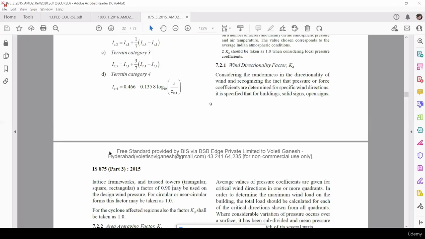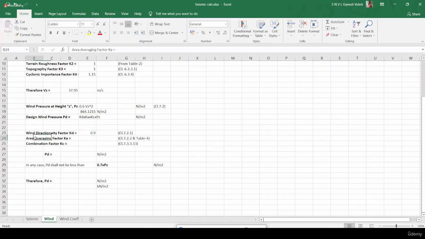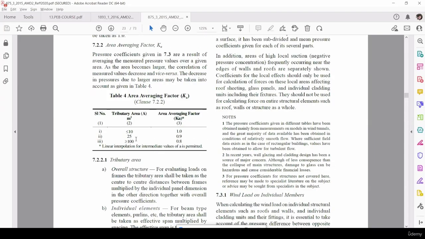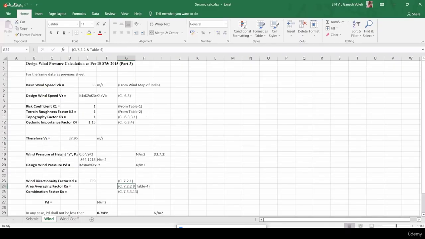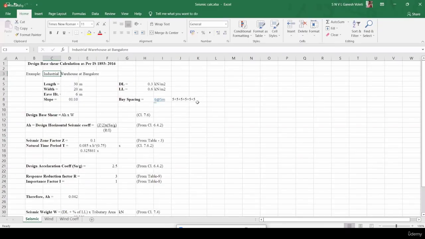So this is 0.9. And the other thing, area averaging factor, is in 7.2.2 and Table 4. In Table 4, they have mentioned tributary area. So based on tributary area, what is tributary area? It is just bay spacing into width of the building. What is our bay spacing? It is 5 only, right?